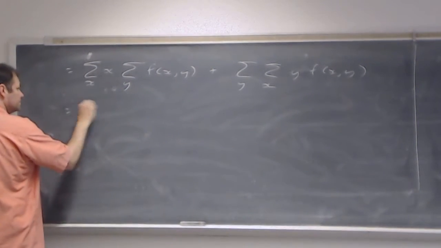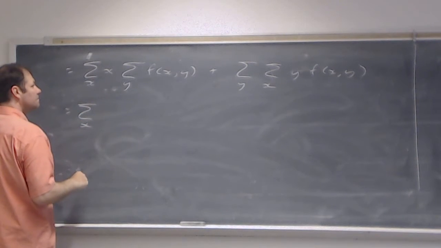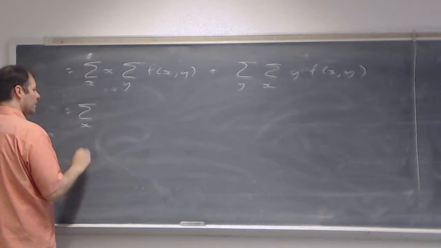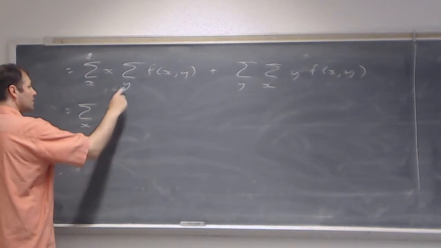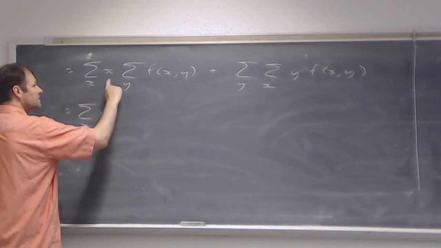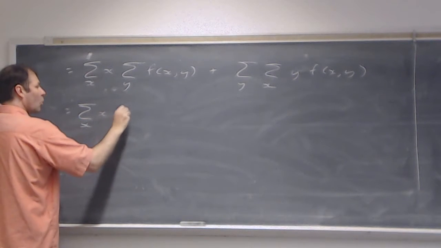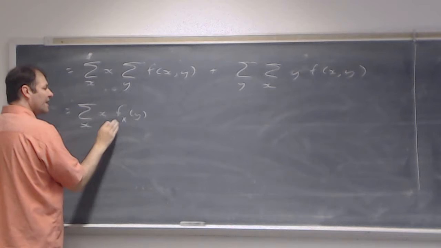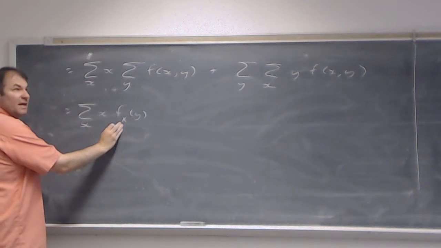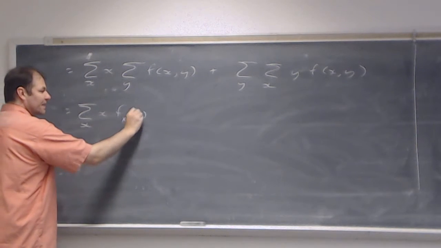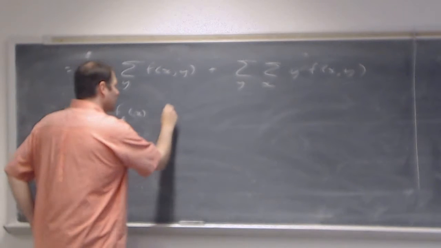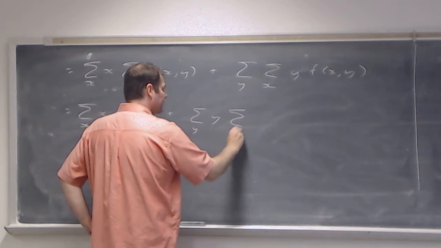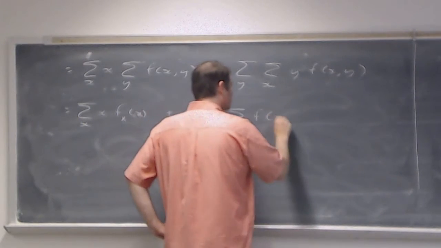Here, this is equal to the sum over the x's of x, but this is nothing more, from a previous definition, than f of x, the PMF of x, plus the sum over y's, where I pull y out, of the sum over x of f of x comma y.